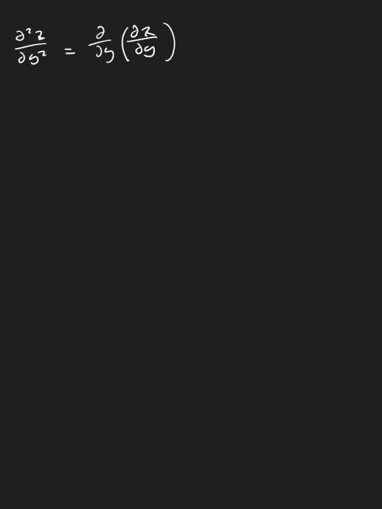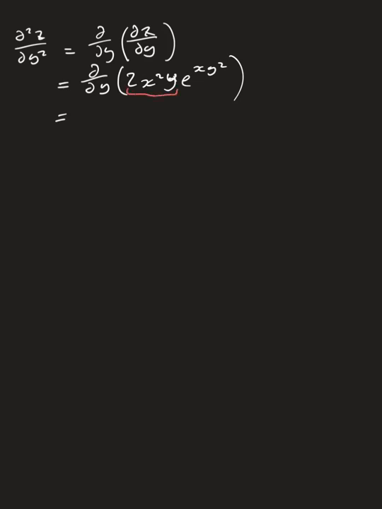The second partial derivative with respect to y, we just differentiate with respect to y again, the first derivative. So that first derivative was 2x squared y e to the power of xy squared. So get the partial derivative of that expression with respect to y. That means I'm treating x as a constant. So I'm going to do product rule.